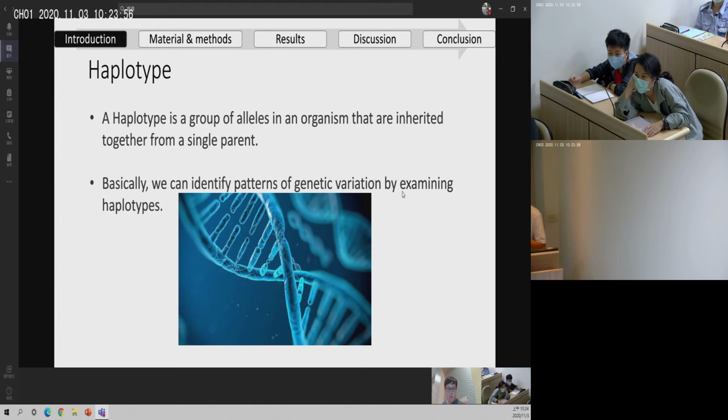So, for example, if haplotype A is a whale living in the Atlantic, and we match this haplotype, we can know this is the same group, so it lives in the Atlantic too.